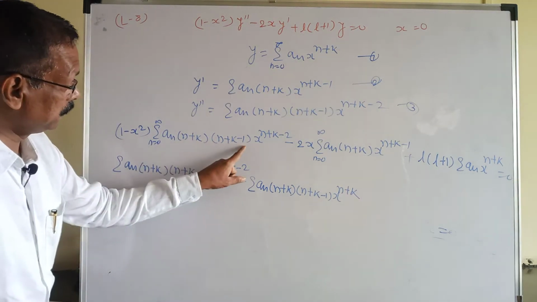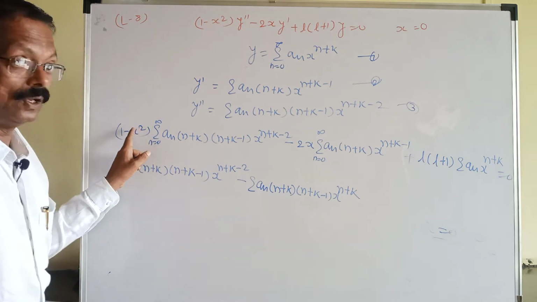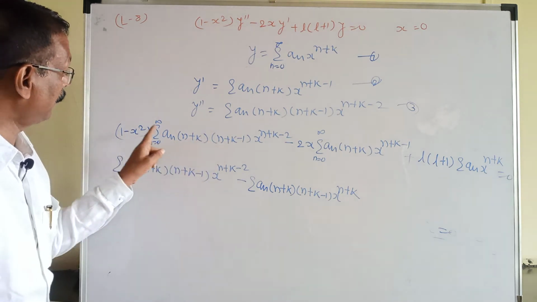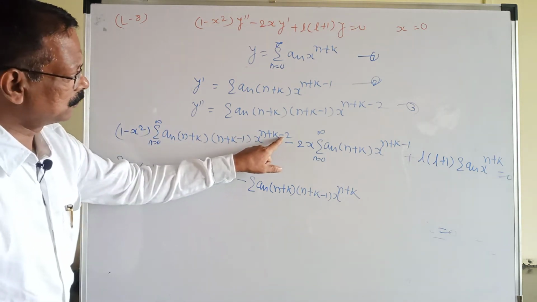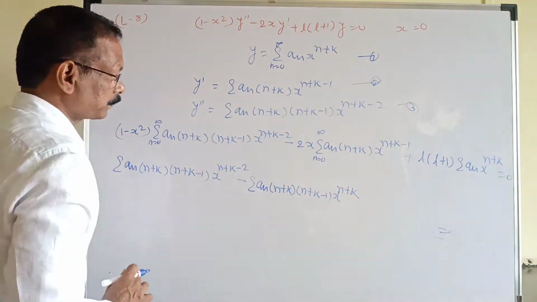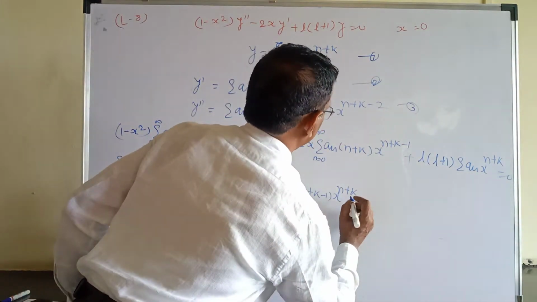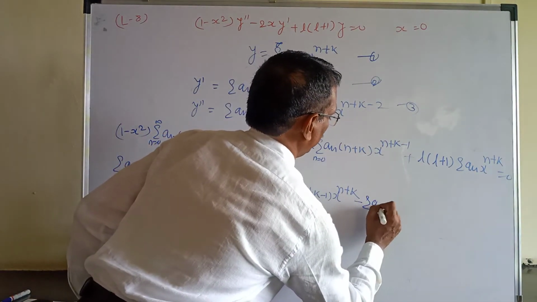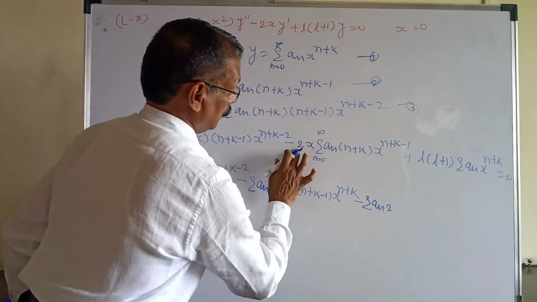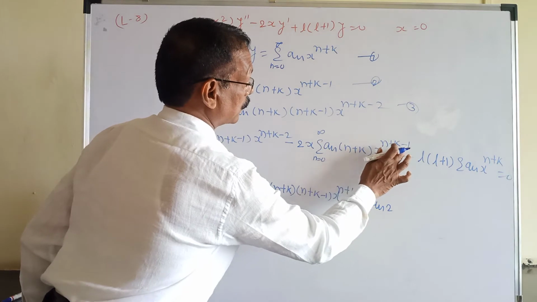This term is as it is, x^(n+k-2). We multiplied this bracketed term by x square, so this minus 2 gets cancelled with this plus 2, remaining only x^(n+k). Next, the minus is as it is: minus summation of 2 into a_n, now x multiplied by x^(n+k-1).